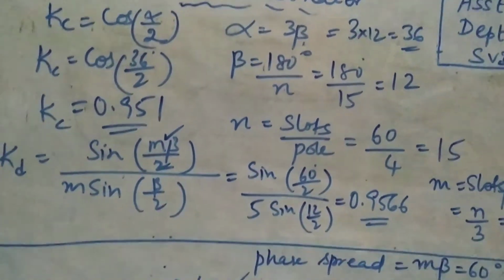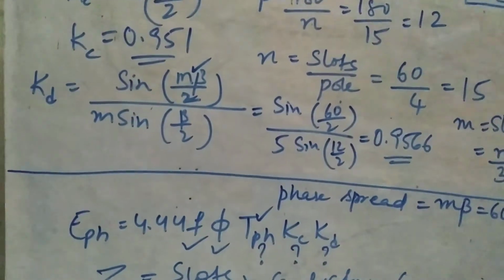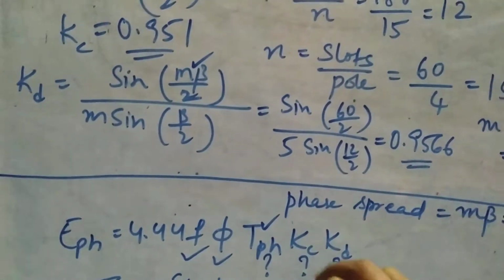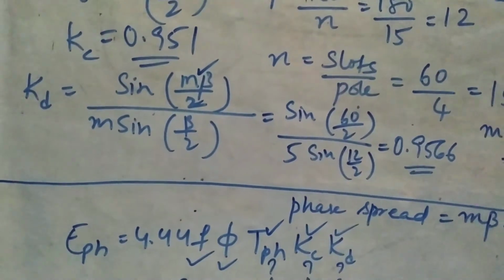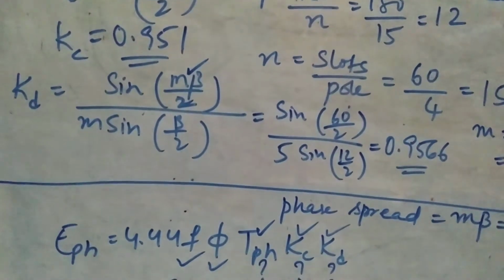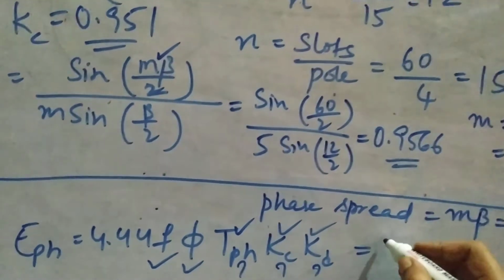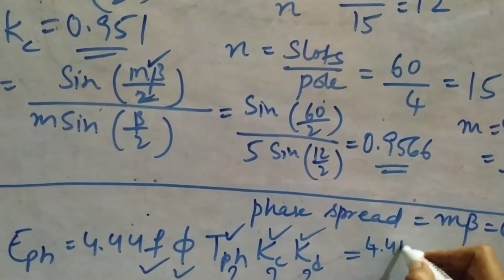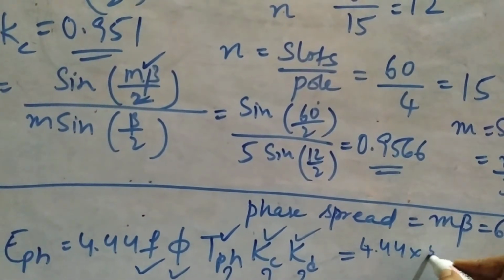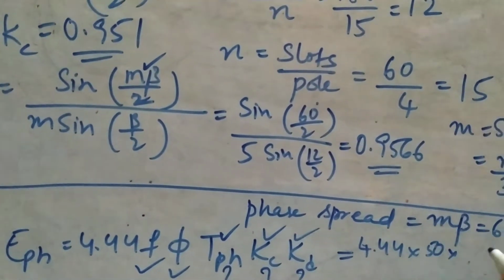Now let us go back to the EMF equation. What all the unknowns were there? We have obtained all of them. Now substitute the corresponding values here. So what was that? 4.44. Frequency, it was given as 50.